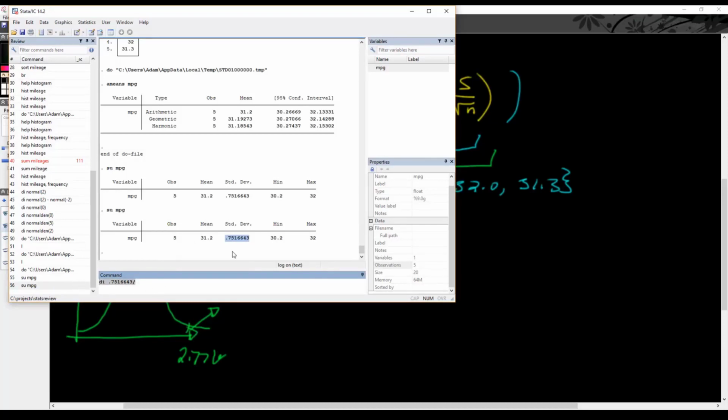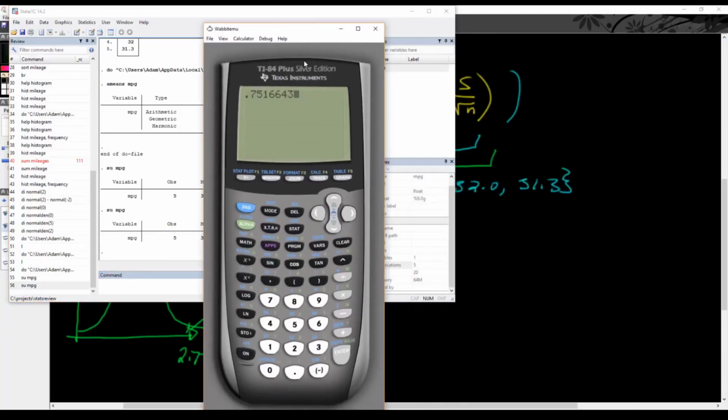So you can do that in Stata, but I've already got it going here in a calculator. I divide this by the square root of 5 and I get 0.33615. So I know the critical t-value is 2.776. So when I multiply the critical t-value by the standard deviation divided by the square root of the number of observations, the standard deviation divided by the square root of the number of observations is called the standard error of the mean. We'll talk about that in a little bit.